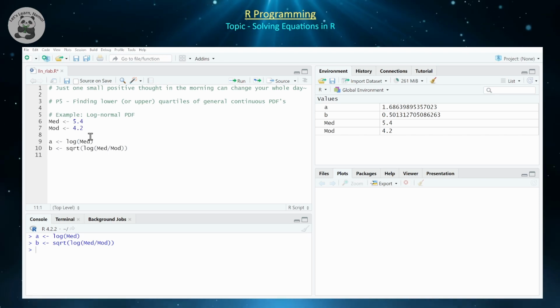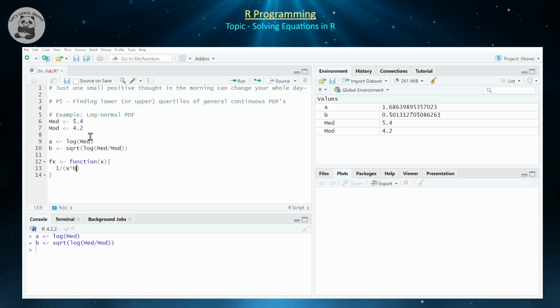Once we have our parameters A and B defined, now we can define our probability density function, which I will denote by little fx. I'm going to be using capital Fx for another function, so I recommend not using capital F here in case you wanted to change it. So this is going to be a univariate probability function, so just a function of x, and the PDF is going to be as follows.